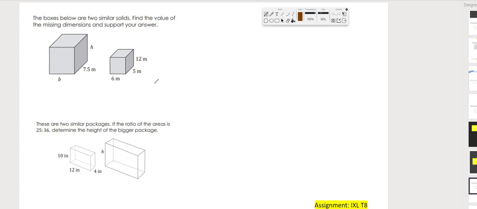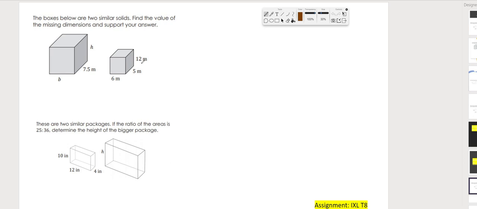Two shapes seem to be the same shape, but different sizes, and the sides have to be proportional, or they have to have the same scale factor. If they have the same scale factor, then the shapes will be similar.